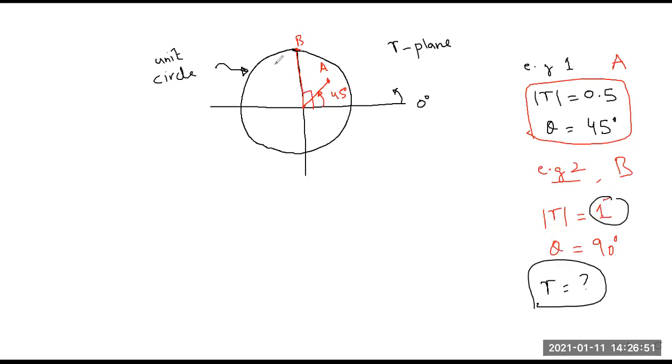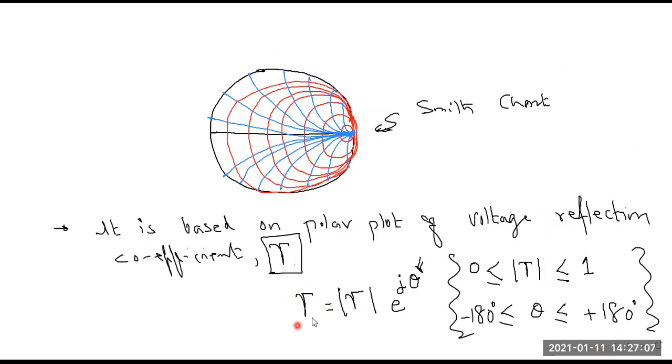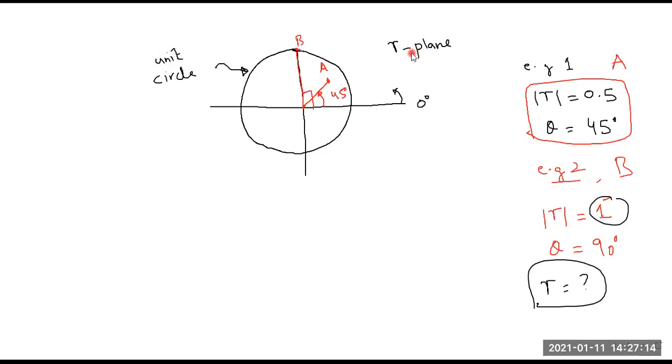So any value of gamma will be inside or on this circle. All possible values of gamma lie within this unit circle in the gamma plane.